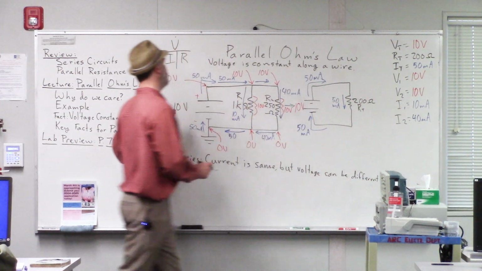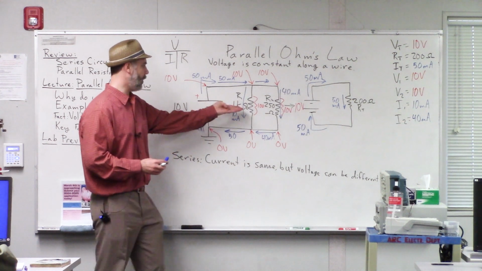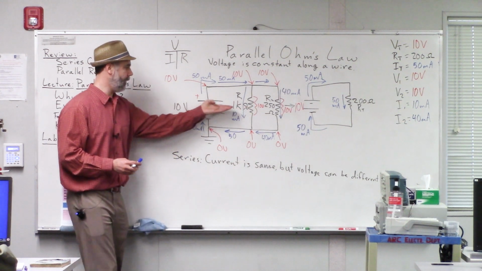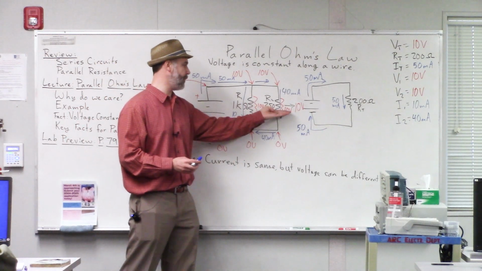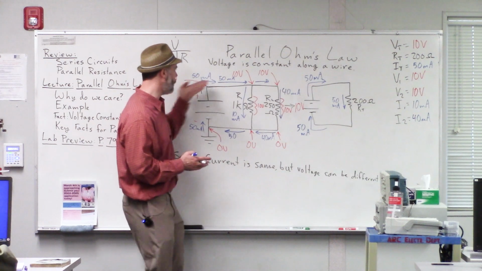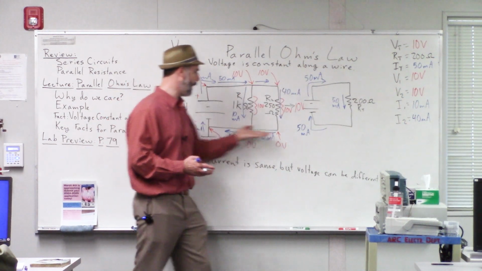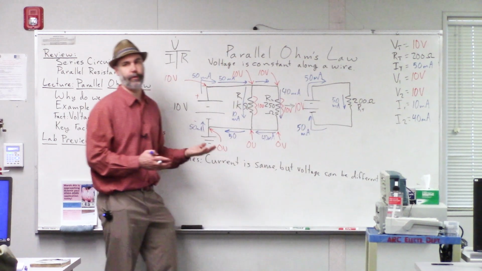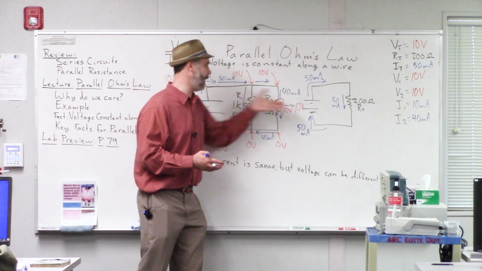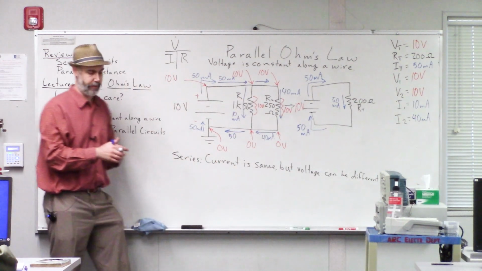Now let's look at this parallel circuit here. What was the voltage for R1? Yep, 10 volts. And what was the voltage for R2? 10 volts. And remember, in a parallel circuit, we're always going to have this wire running along the top that has a constant voltage, and a wire running along the bottom that has a constant voltage. So really, anytime you have components between those two wires, you're going to have the same voltage across all of those components.